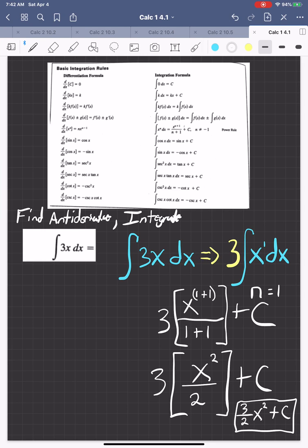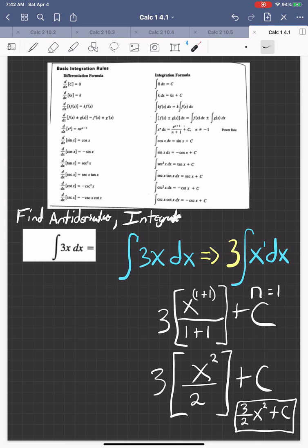It's okay if you want to write that as 3x squared over 2 plus c. That part doesn't bother me. Again, I think you'll find that if you just think about division in terms of multiplication, right? So instead of dividing by 2, multiply by half. I think you'll find that your work is a lot easier. But I'll leave that up to you.